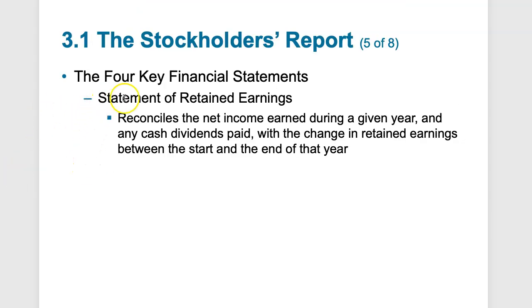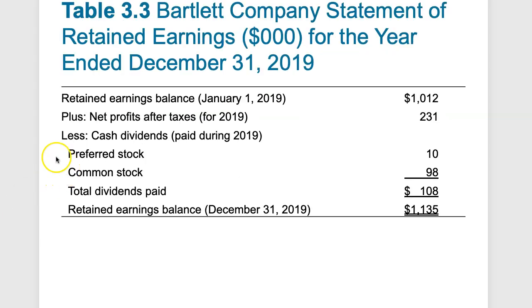Now, if we look at the statement of retained earnings, this is important because we get to see how much of the profits the company is earning do they pay out as dividends, or do they retain in the company to utilize for reinvesting in the company. So it's a very simple statement where we have last year's retained earnings balance.